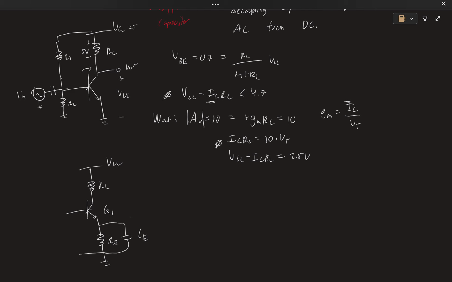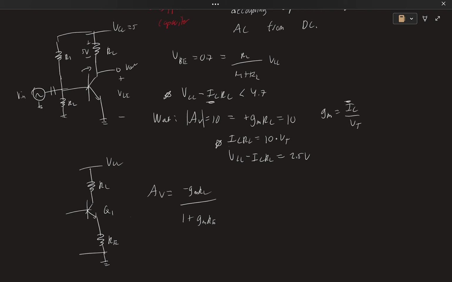We'll have the same notion of, okay, what's our AV, and I apply our equation, solve for GM RC over 1 plus GM RE. It wouldn't be GM RE exactly, it'd be GM times this impedance here, but let's say just RE. So negative GM RC over 1 plus GM RE.